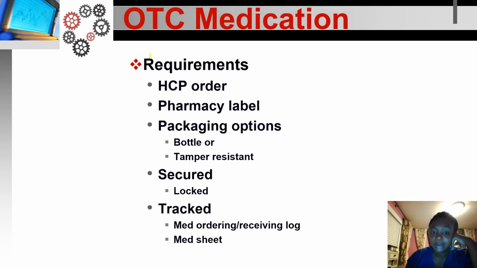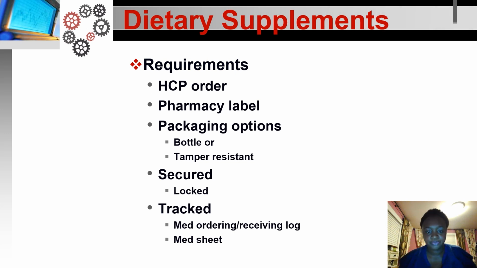So over-the-counter meds, just as I discussed, you need a doctor's order, pharmacy labels, locked, tracked. There's nothing different about an over-the-counter med. The only thing different is that you have to call your nurse, or whoever your MAP consultant is for your program, and they have to read the manufacturer's label and put a label on it for you.